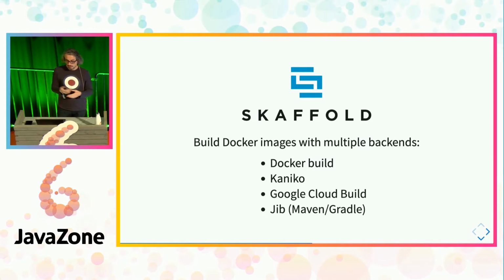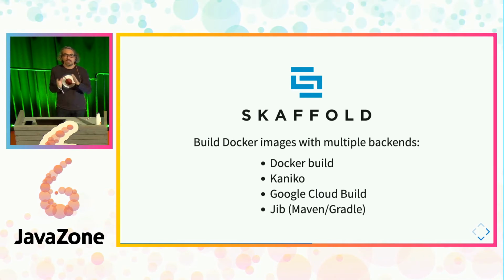Skaffold also has other options, like it can run the Docker build in Google Cloud Build. So basically, it's like a service thing. It uploads the contents of the directory, and Google Build does the build for you. And Jib, which is a plugin for Maven and Gradle, will do Java image builds in a very smart way, using the JDK image and then appending your jars and your dependencies from Maven as different layers.